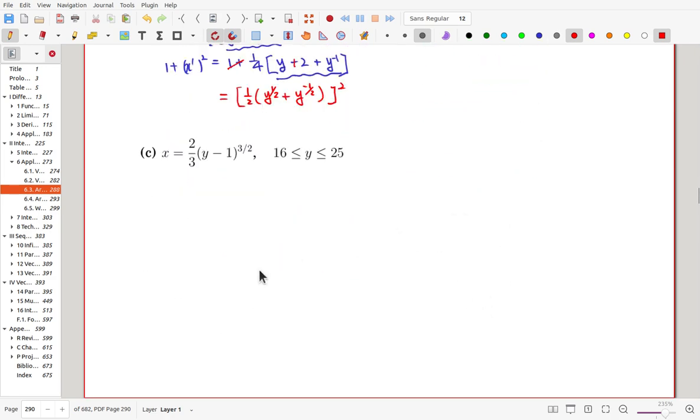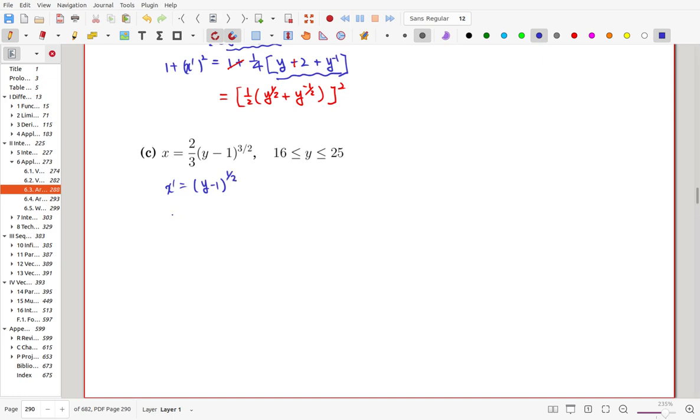Okay, let's go to part C. For this one, the same way, we start with x prime. X prime is the same as 3/2 will come out, then cancel with this one, and then that is y minus 1 to the half power.